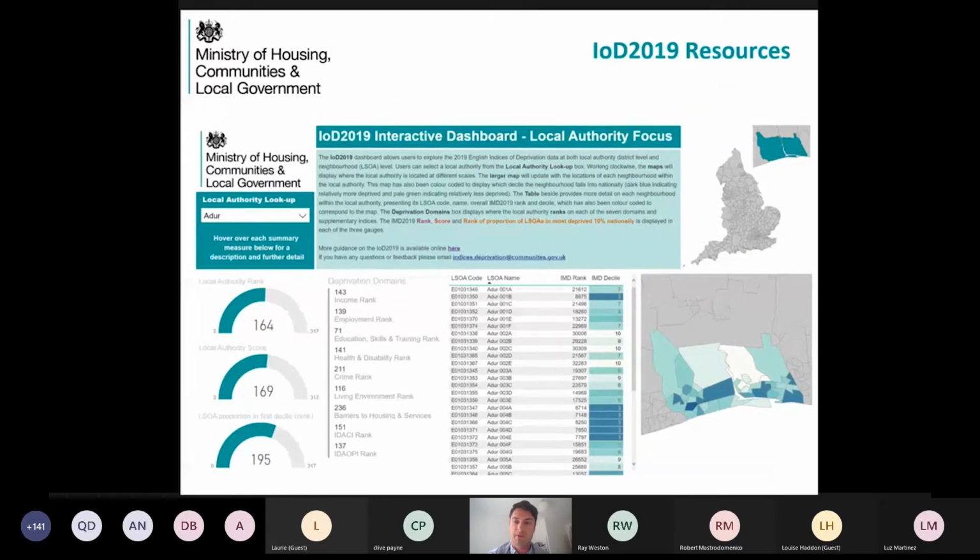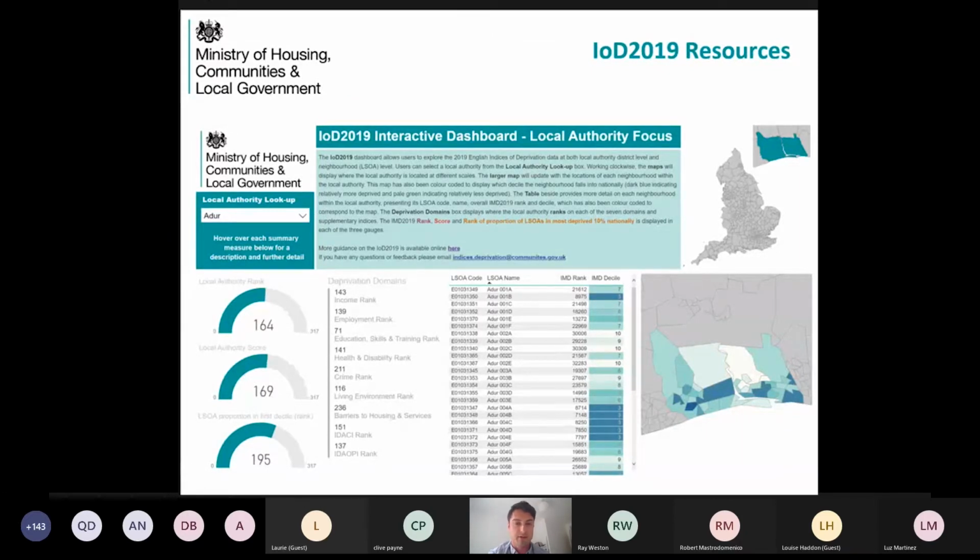And here, just a few examples of some of the resources and outputs available to all users, freely available online. We'll have some links at the end for you to access, but I'll talk about some of the English resources because that's what I know best. So on your screen now is an interactive dashboard created in Power BI, and this is all about helping users understand the granularity of the data available, what a lower layer super output area is, and how that relates to a local authority area, for instance, and the level of statistics available from the deprivation indices across those two areas.